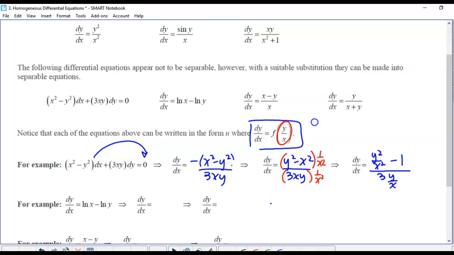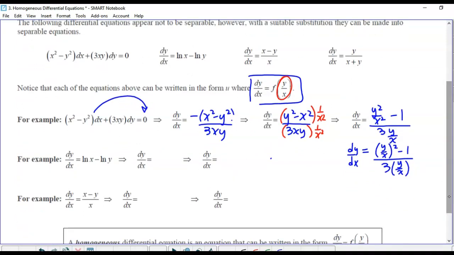All right, so that's the same as y over x squared minus 1 over 3 times y over x. So the function that you're starting with is x squared minus 1 over 3x, and you're replacing x with y over x.